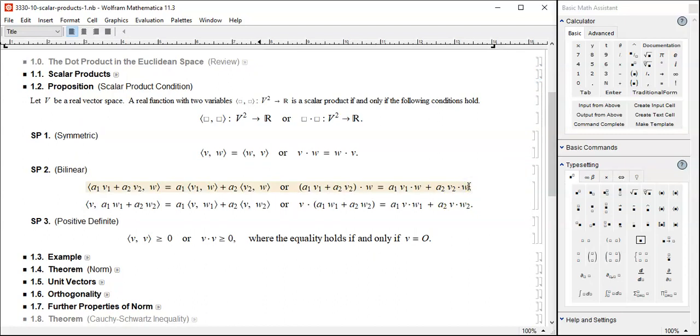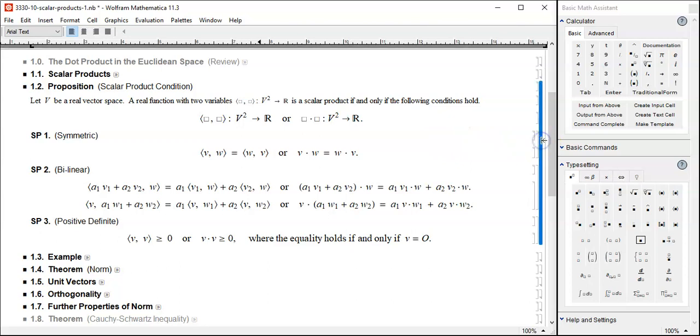So instead of separating addition and scalar multiplication, put those together as linear combination for the first component and the second component, and call it bilinear: linear in one and linear in the other. Bi means two, right? That's another way to define the same thing, and it's equivalent. The proof of equivalence is left to the students. The other conditions, symmetry and positive definiteness, remain the same.